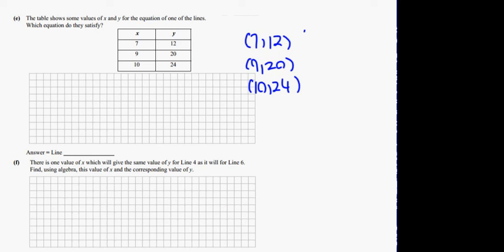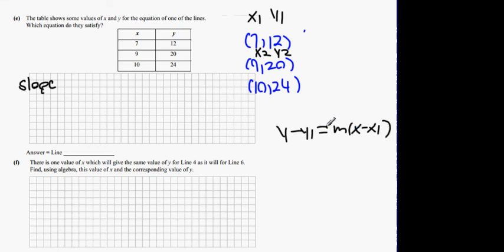If you have 2 points, you can find the equation of the line. So let's just find the equation of the line. How do you find the equation of a line again? You find the slope, and then upon completion of the slope, you can find the line formula.